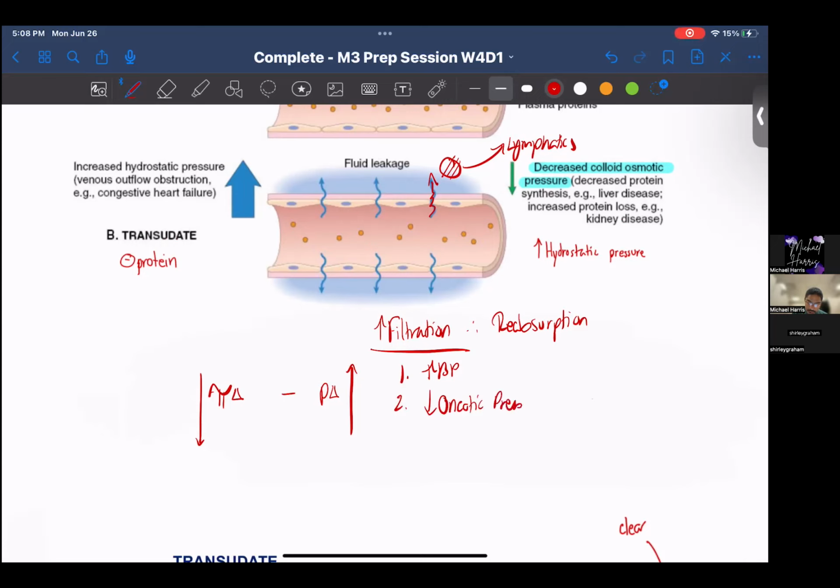Now, your oncotic pressure is essentially controlled by your albumin, which is a liver protein. Okay, so these are the two big reasons that you get fluid buildup that's not due to trauma, not due to an infection. This is essentially just due to having too much filtration that you overwhelm the lymphatics and you overwhelm your capabilities of being able to reabsorb fluid at the venule end.